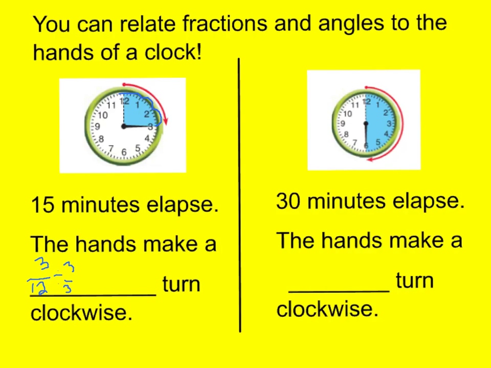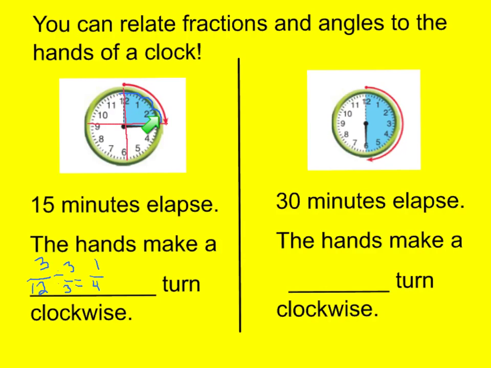So 3/12 divided by 3/3 would be 1/4. So it made a 1/4 turn. If I divided my clock into 4 equal parts, I could see that 1/4 was shaded in. So it made a 1/4 turn.